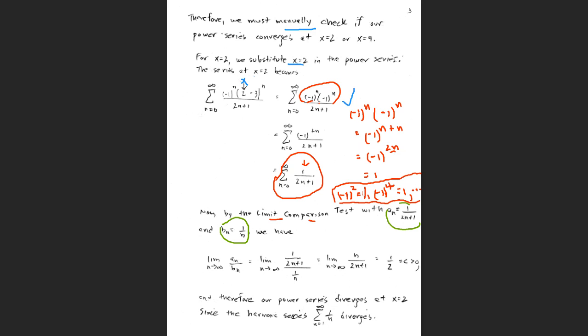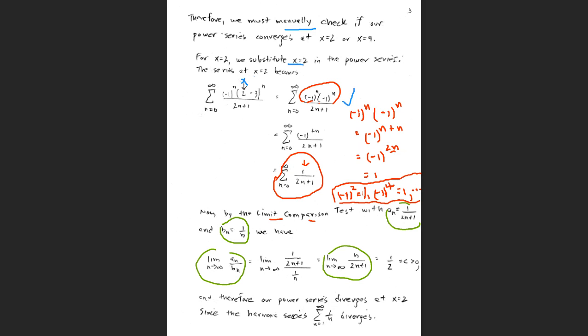Okay, so I'm going to do a limit comparison test of this series with the harmonic series. The ratio of a_n to b_n will be equal to the limit as n goes to infinity of n over 2n plus 1.